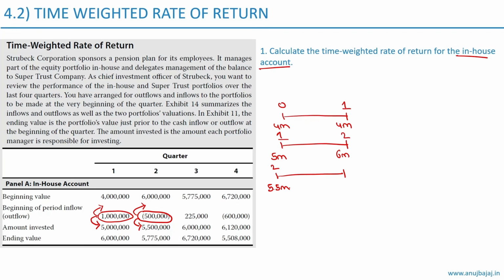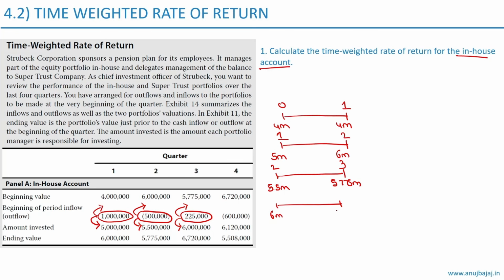Similarly, the next cash flow occurred at the beginning of third quarter and the value immediately prior to it was 5.775 million. And our fourth sub-period starts right after this cash flow and the value was $6 million.